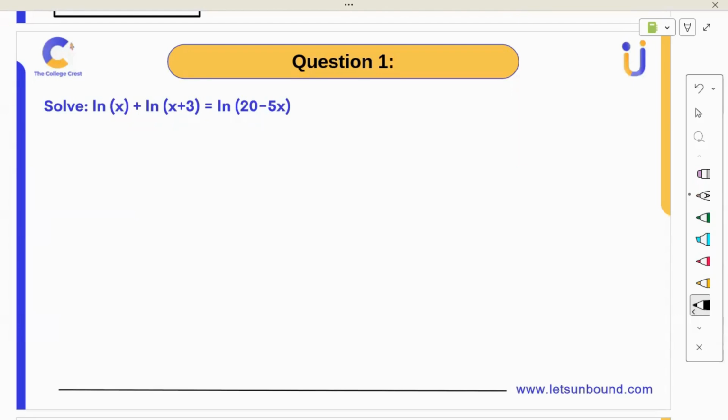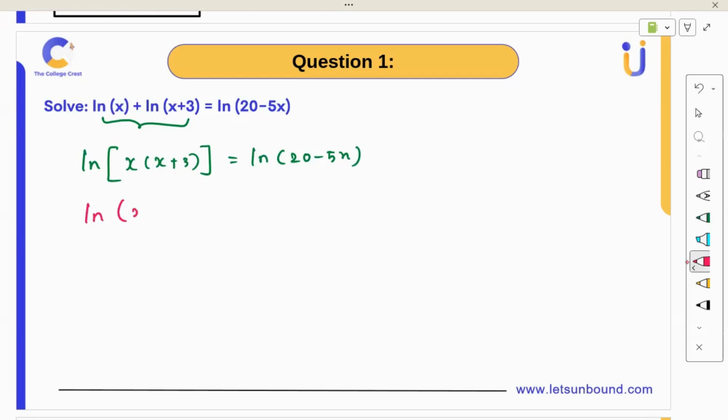Solve ln x plus ln x plus 3 equal to ln 20 minus 5x. First aim is to make both the sides having ln. So here you can just apply the product rule, ln x and ln x plus 3. So you can combine x into x plus 3 equal to ln 20 minus 5x.